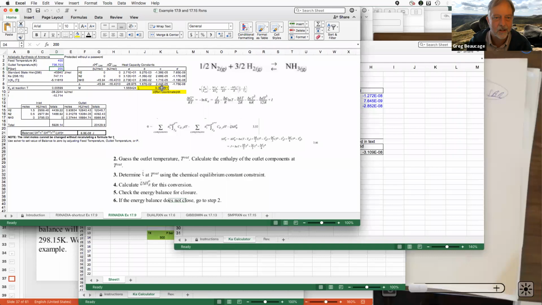This is the extent of reaction, so you know how it reacted, and that's the outlet temperature, and you don't really have any other control except the feed temperature and the pressure. In this case, you're reducing the number of moles, right? You start with 2 moles, and then you end up with 1 mole. So basically, the pressure is going to have an effect here.